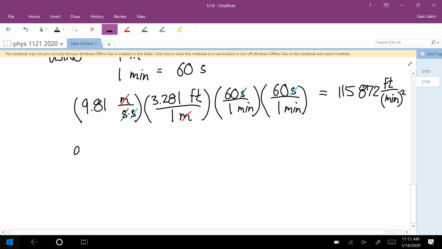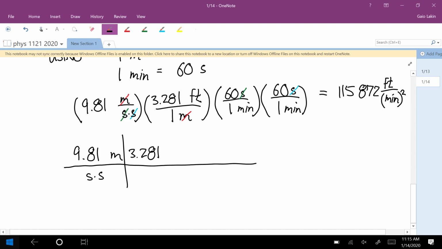But I tend to write this as 9.81 meters. And there's the fraction bar. And then on the bottom, I have seconds times seconds. And then instead of parentheses, just to save pen strokes, I just have vertical lines. So then it'll be 3.281 feet, 1 meter on the bottom line, 60 seconds over 1 minute line, 60 seconds over 1 minute.